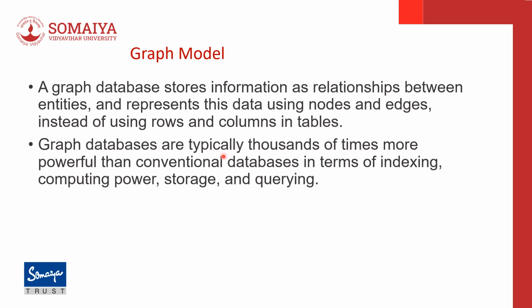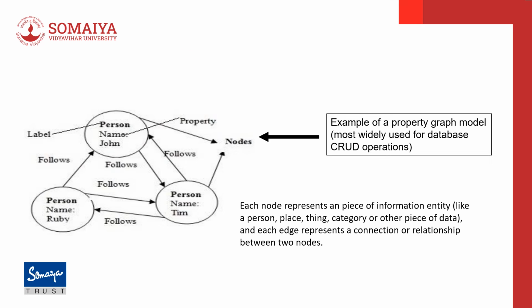Graph databases are typically thousands of times more powerful than conventional databases in terms of indexing, computing power, storage, and query. Now this is an example of a graph database. Each node represents a piece of information or entity, like a person or place, and each edge represents the relationship or connection between two nodes.